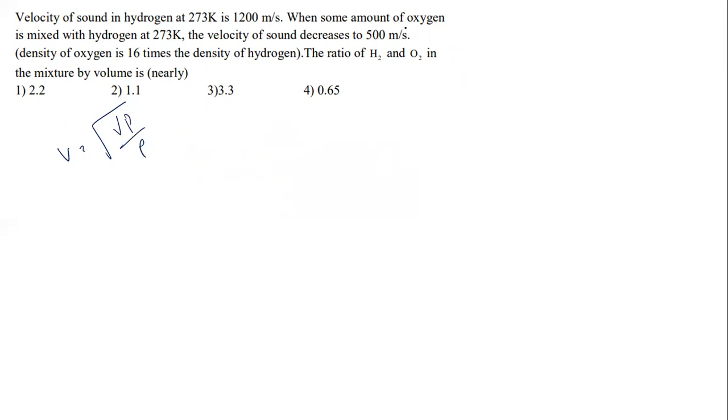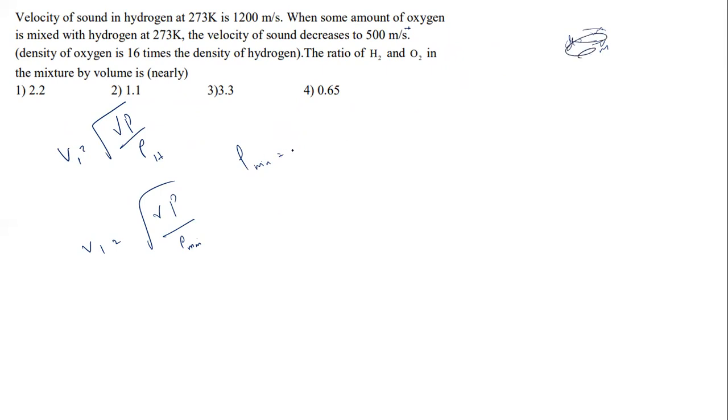First case, what they have given is hydrogen. So this is the first case. Second case, under root of gamma p by rho mix. Rho mix, what is that rho? Density is equal to mass by volume. Am I correct or not? So this rho mix, how do we write?